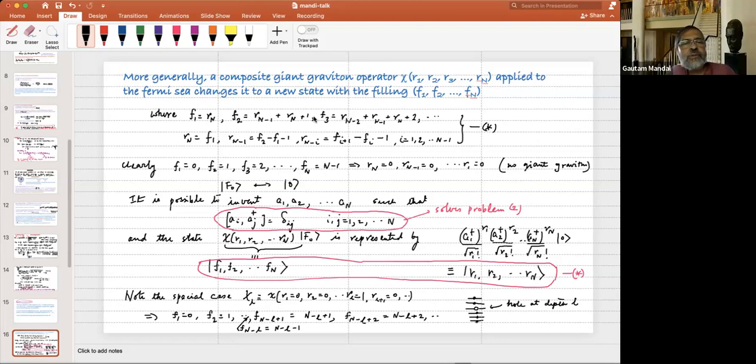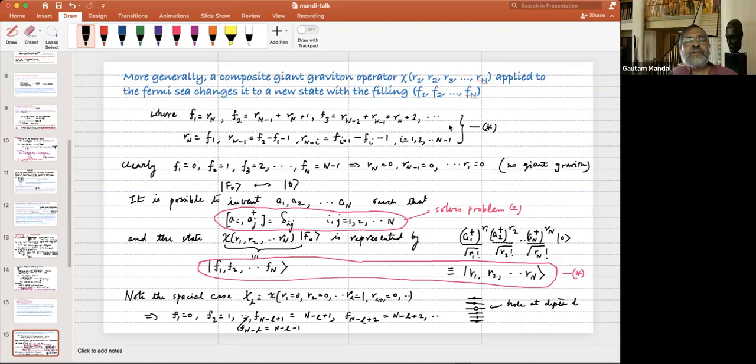So using that or using Fulton and Harris or whatever, you can prove the following: that chi R1, R2, R3, Rn applied to the Fermi field Fermi C takes you to a new state with the filling F1, F2, Fn. Let's say the first energy level filled is F1, the second F2, etc., where you have the following mapping, given by this equation star.